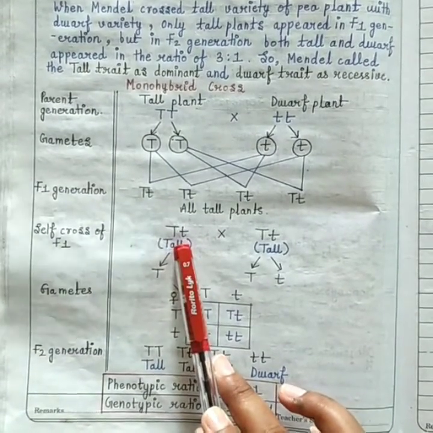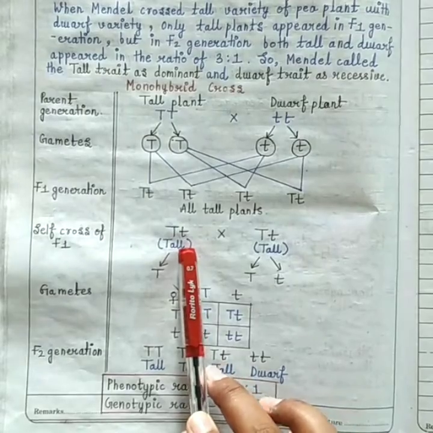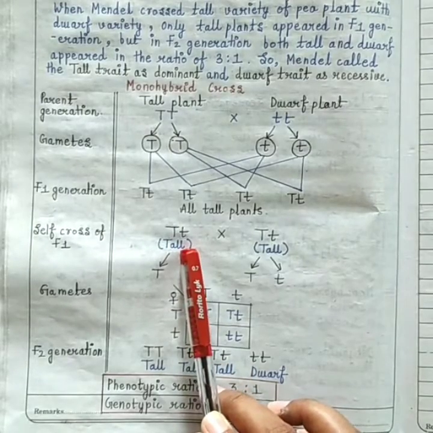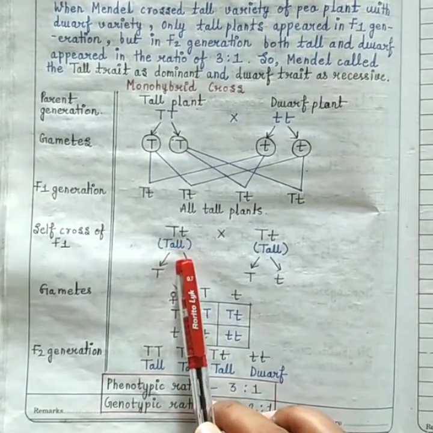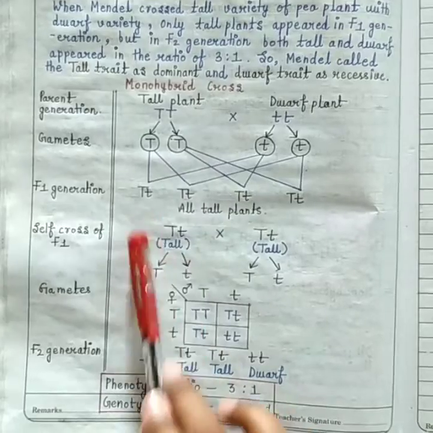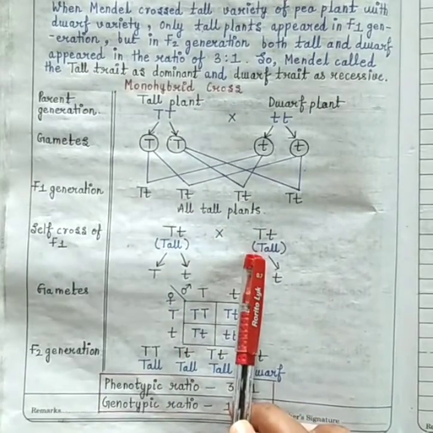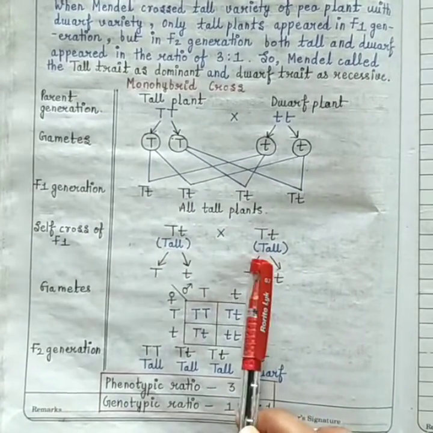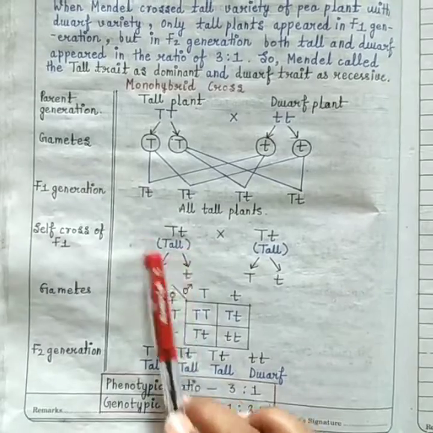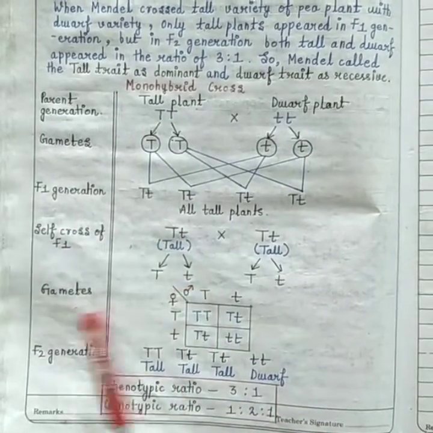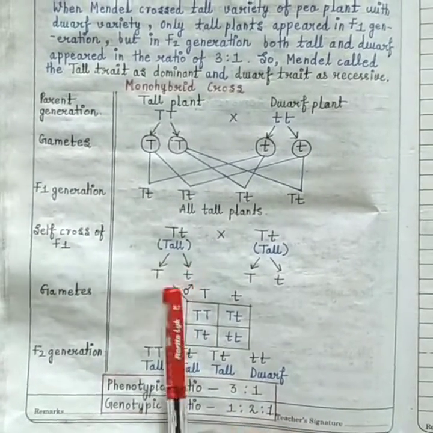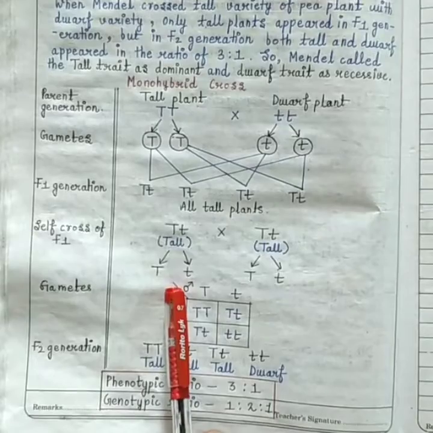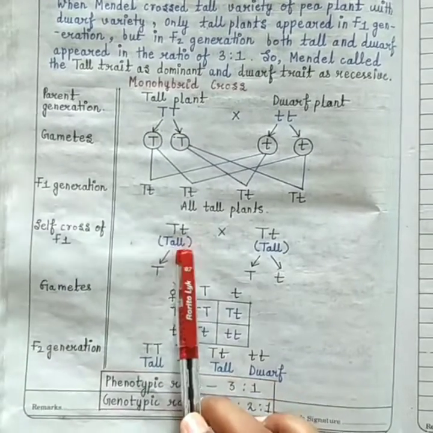So capital T small t together means heterozygous condition. When a pair of allele is present in heterozygous condition, then they remain together without mixing or blending. वो एक साथ रहते हैं without mixing or blending and they only separate or segregate at the time of gamete formation. वो सिर्फ एक दूसरे से अलग होते हैं gamete formation के time पे.